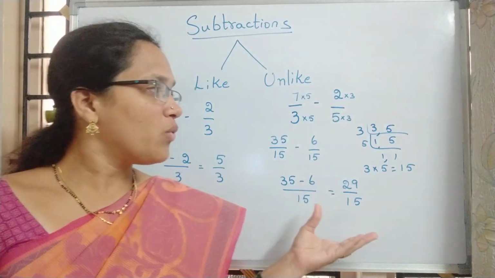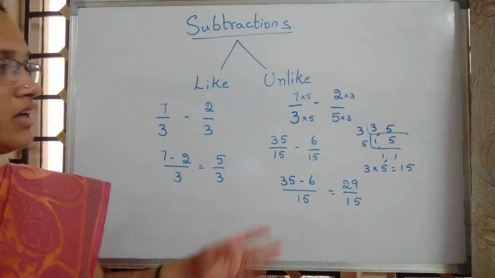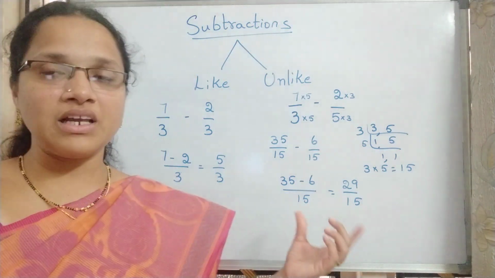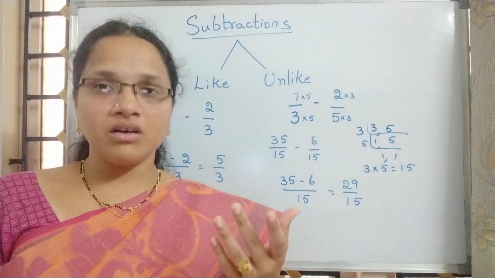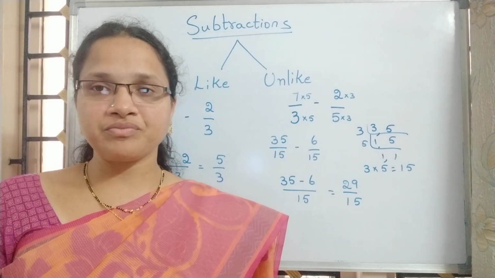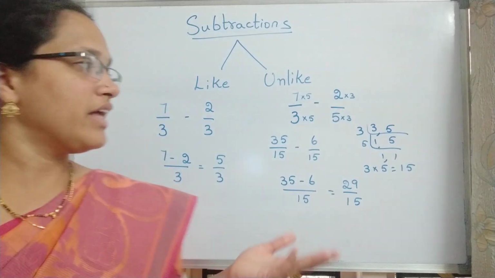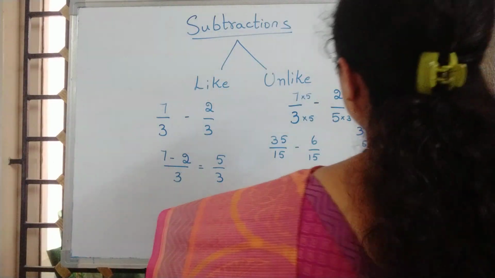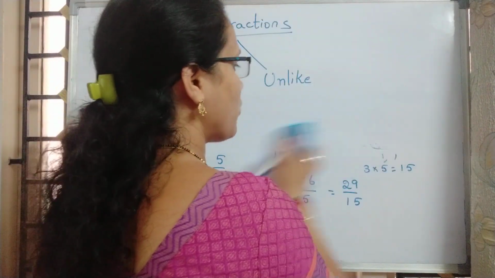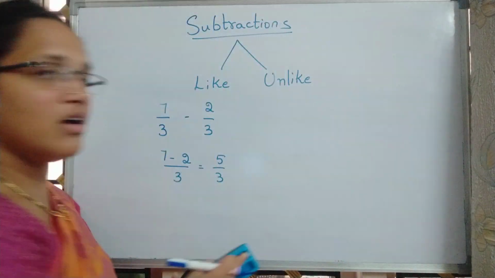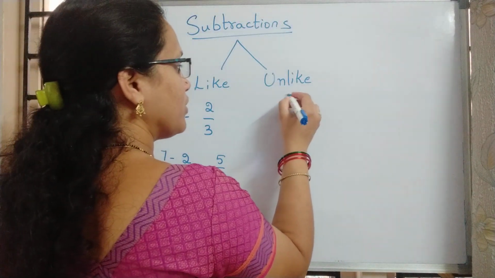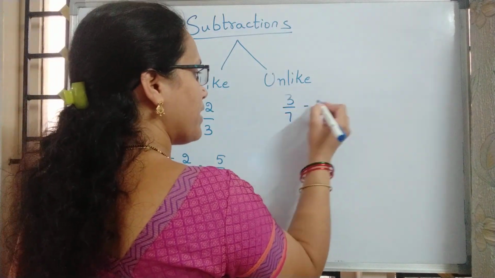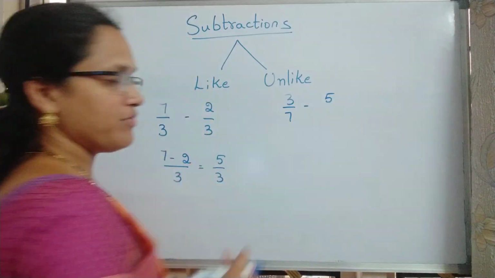Even for subtraction with a whole number, we have the same procedure. Let us take one example: 3 by 7 minus 5.